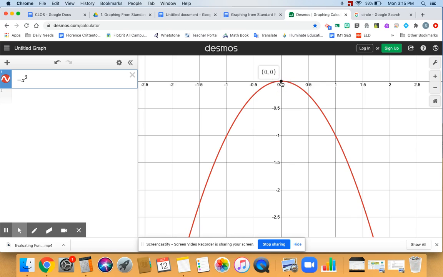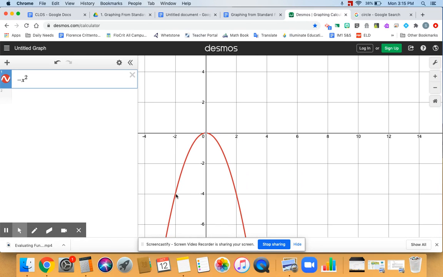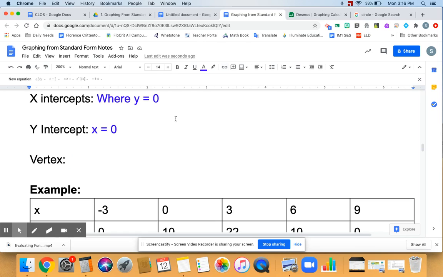But then from the middle, if I go right 1 whole tick mark, I'm down at -1 as well. It's going to always be the same on each side of the vertex. Like at -2, if I drop down to where the graph is, it's at -4. But then if I go to +2 on the other side of the vertex, it's also at -4. So it's always going to be the same on each side of the vertex.